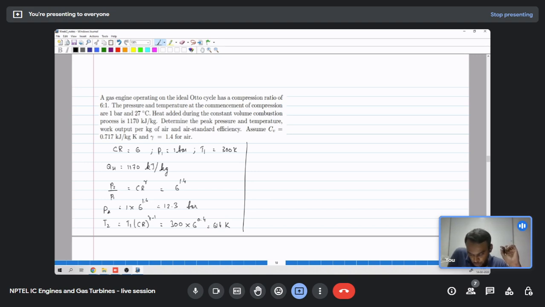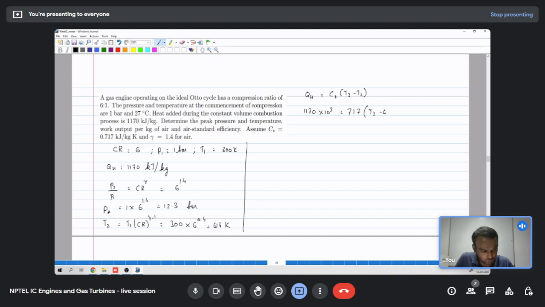So this is T2. We have been given the heat addition, so we can calculate T3. QH is CV into T3 minus T2. So QH is given as 1170 into 10 power 3 to have it in SI units, that is joule per kg, is equal to CV, which is 0.717 kilojoule, so it is 717 joule per kg Kelvin, into T3 minus T2.